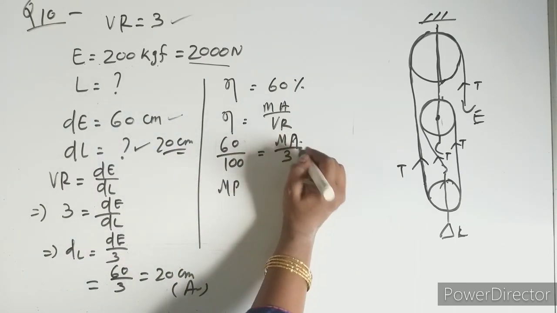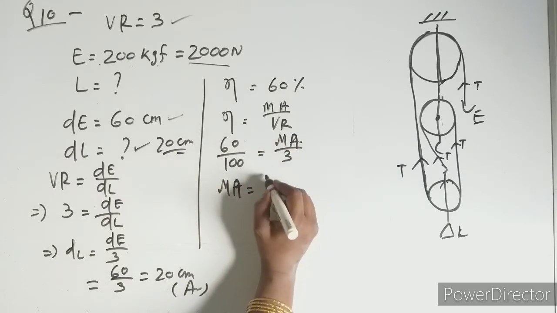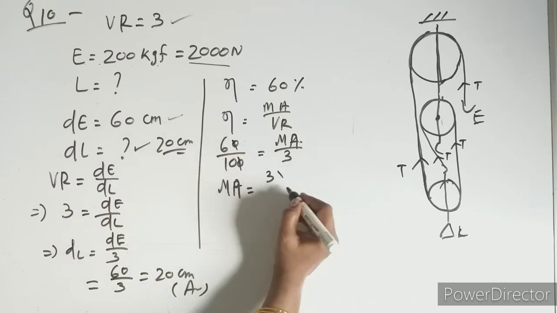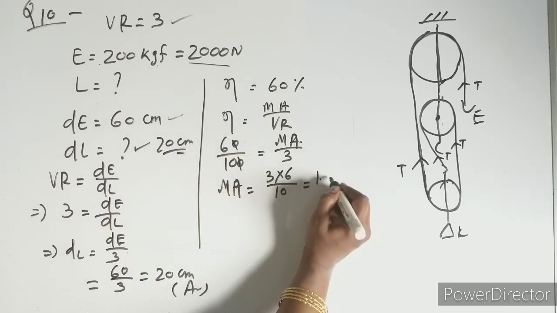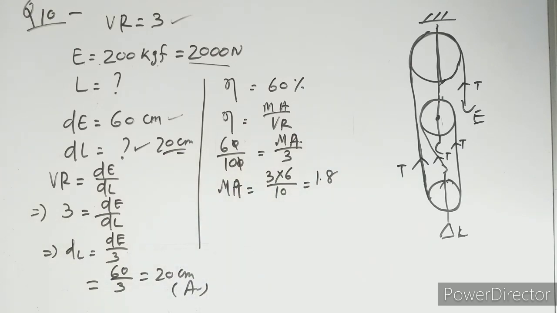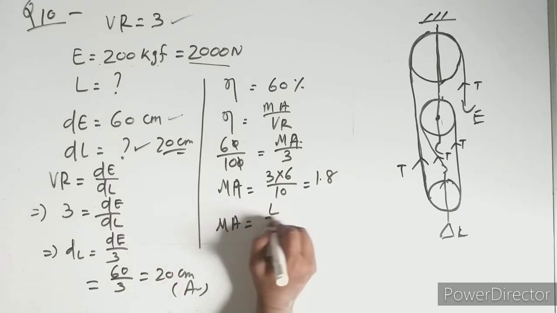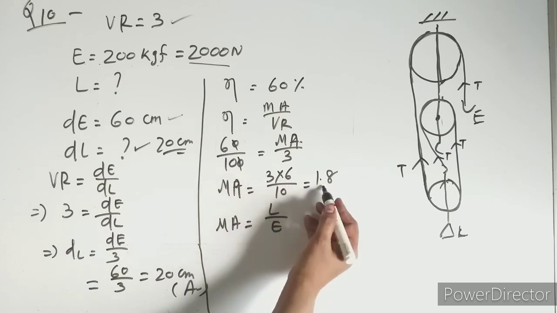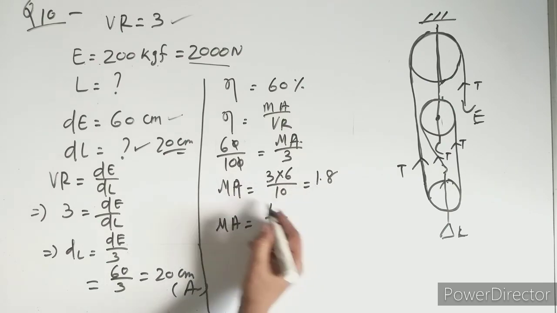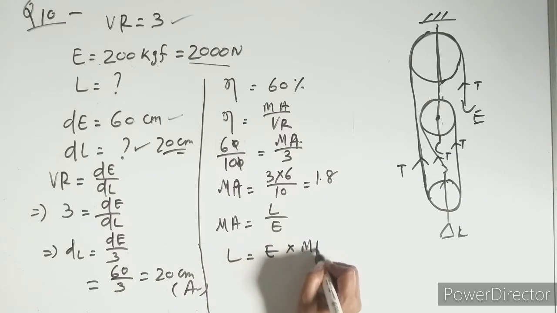MA equals 3 into 6 by 10 equals 1.8. Okay, we are getting 1.8, and we know MA equals load by effort. Here what is asked is the load. Load equals effort into MA.